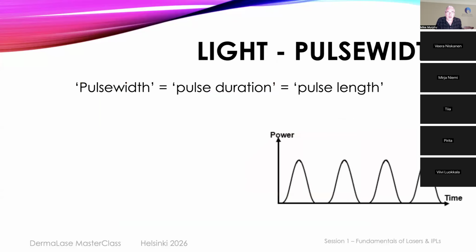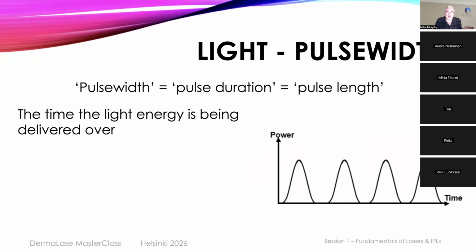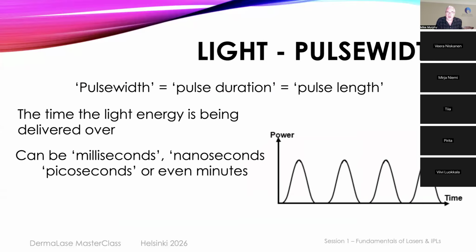Okay. Pulse width is also known as pulse duration or pulse length. Just depends who you talk to. Engineers like to call it pulse length, and physicists call it pulse duration or pulse width. So it doesn't matter. They're all the same thing. But what basically this means is this is the time over which the light energy is being delivered into your target, into the skin.